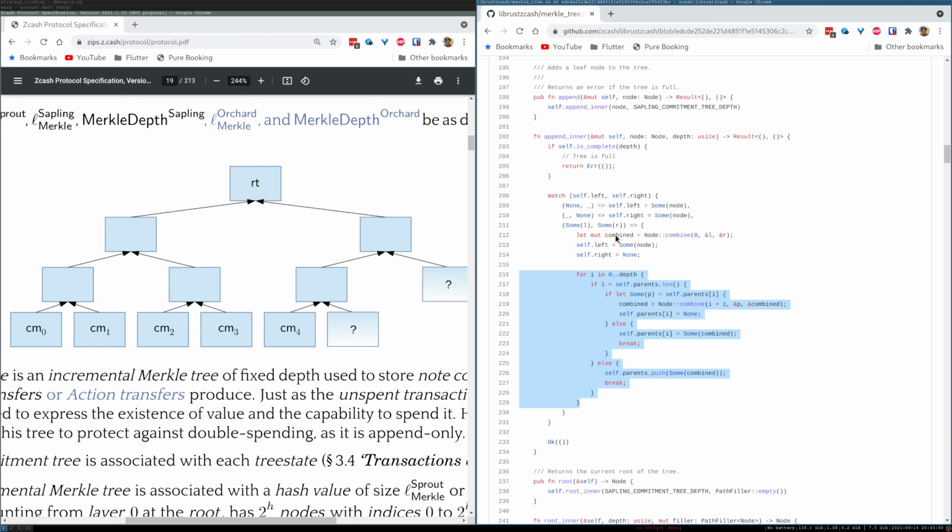All right, and that's the end of part 3. In part 4, we are going to continue this overview of the LibRust Zcash implementation of the node commitment tree, with the analysis of the second class, the one that keeps track of your particular node.